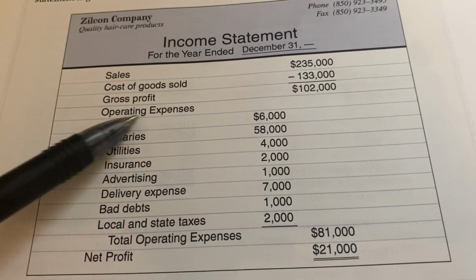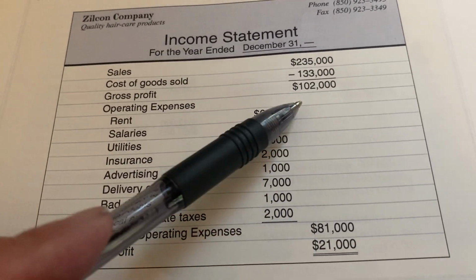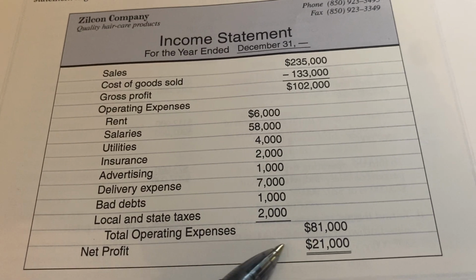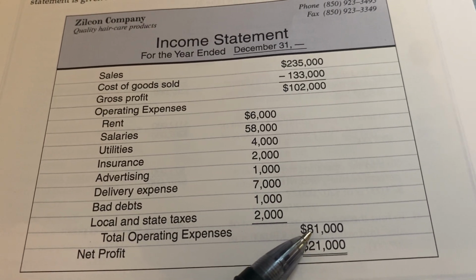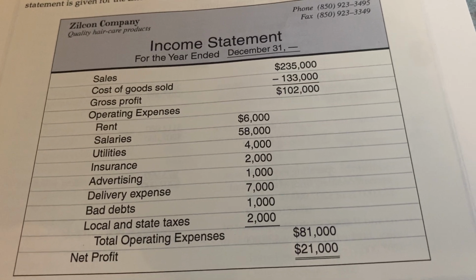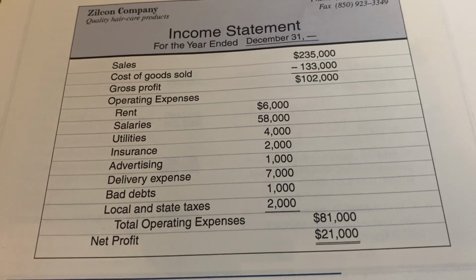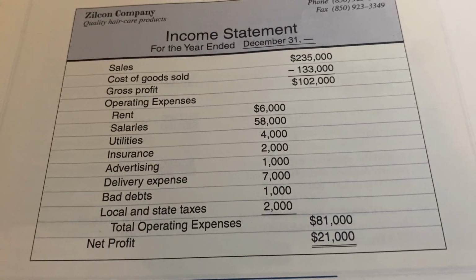So up here you have the gross profit of 102,000, and then you just subtract. You'll find the net profit. So this is your income statement: you made a profit of $21,000 after you took everything off.